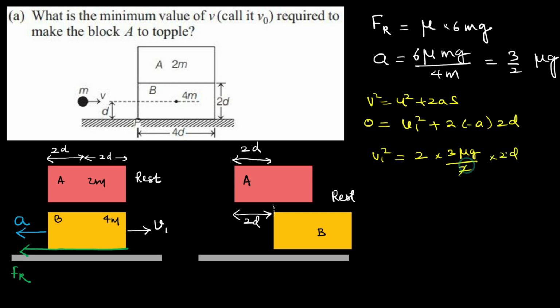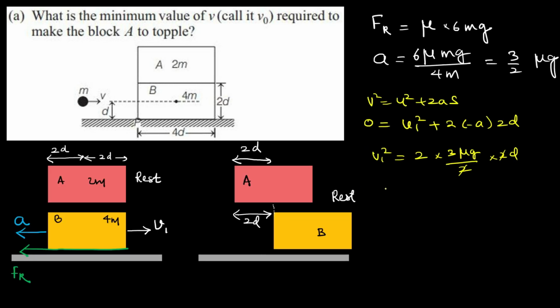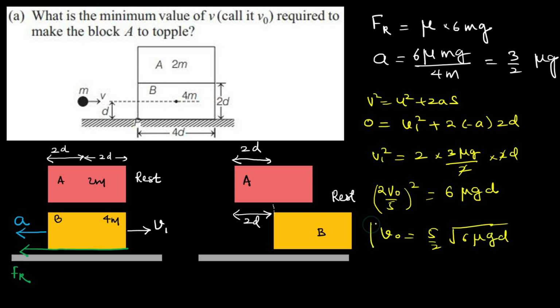So this 2 and 2 will get cancelled, and V1 we calculated as 2V by 5, and that V, the minimum value of V required to make it topple, is V0. So V1 is equal to 2V0 by 5, the whole square, and this is 6 mu g d. So V0, if we take the square root, will be 5 by 2 square root of 6 mu g d, and that is the answer to part A.